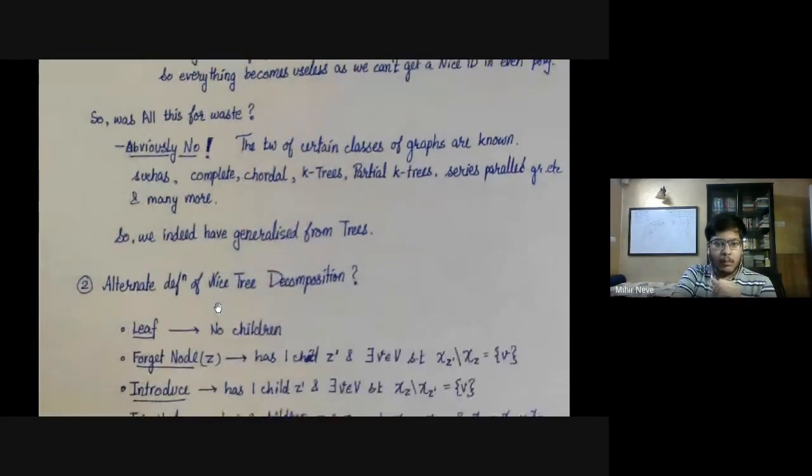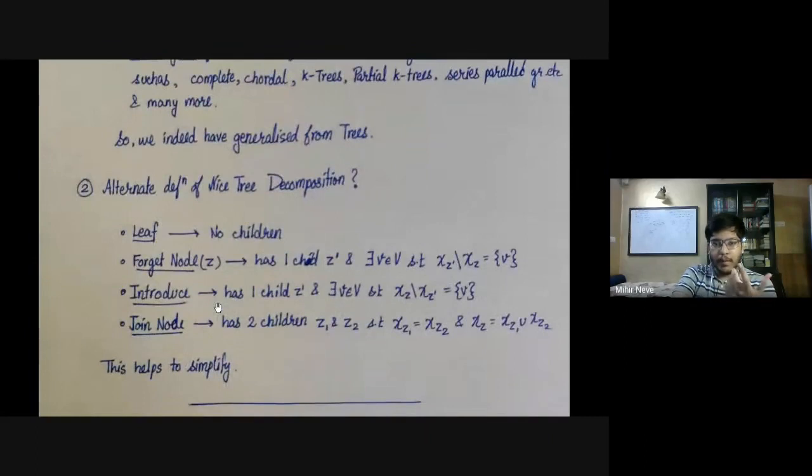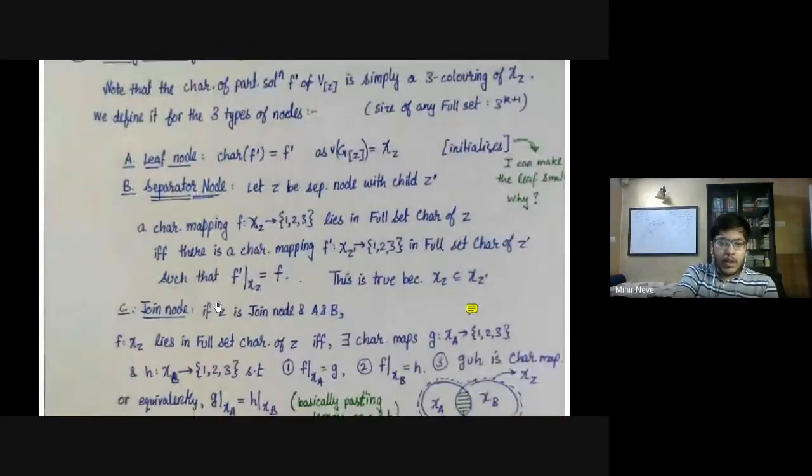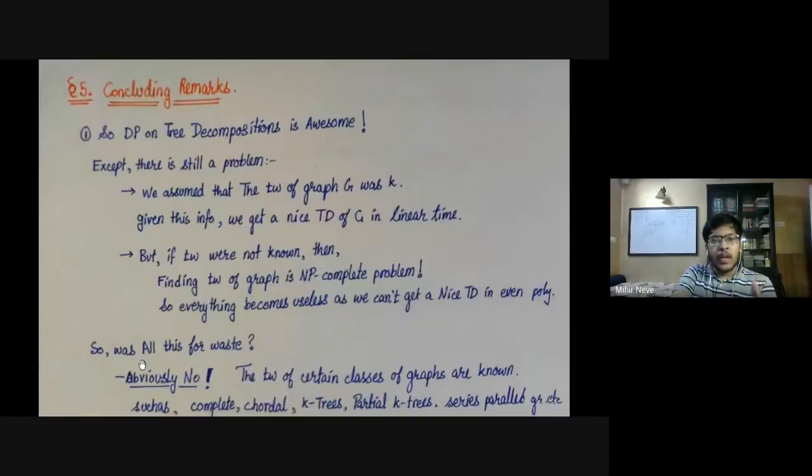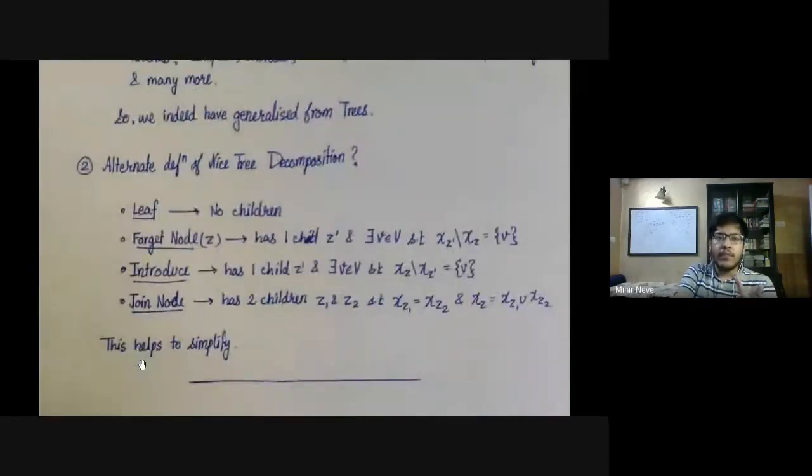Another thing I wanted to mention is the join node above. Defining the rules for this join node can sometimes be very difficult. In order to overcome this, Bodlaender gave an alternate definition of a nice tree decomposition, where there are four types of nodes: a leaf, a forget node, an introduce node, and a join node. A forget node has one child, and as you go from the child to the parent, you are losing only one vertex.